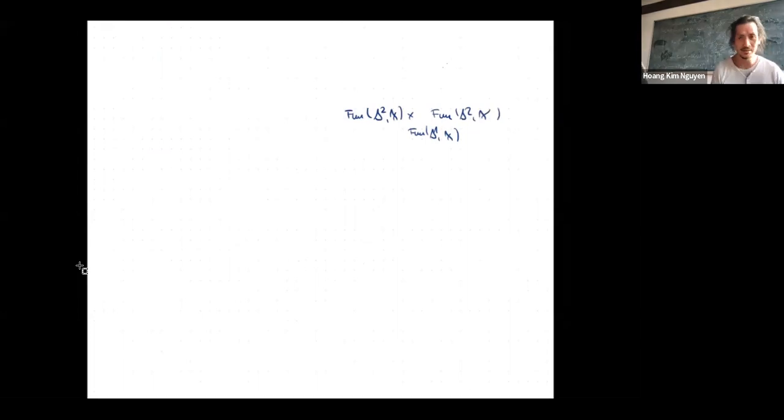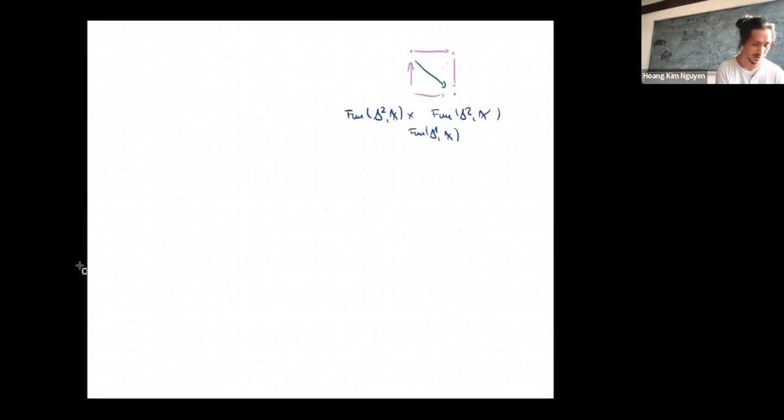I didn't really work out what the right face maps are, but it should represent the following situation: two simplices glued along the diagonal. It should be, I hope it is. So it should look like this. That's sort of like an object represented in this fiber product.